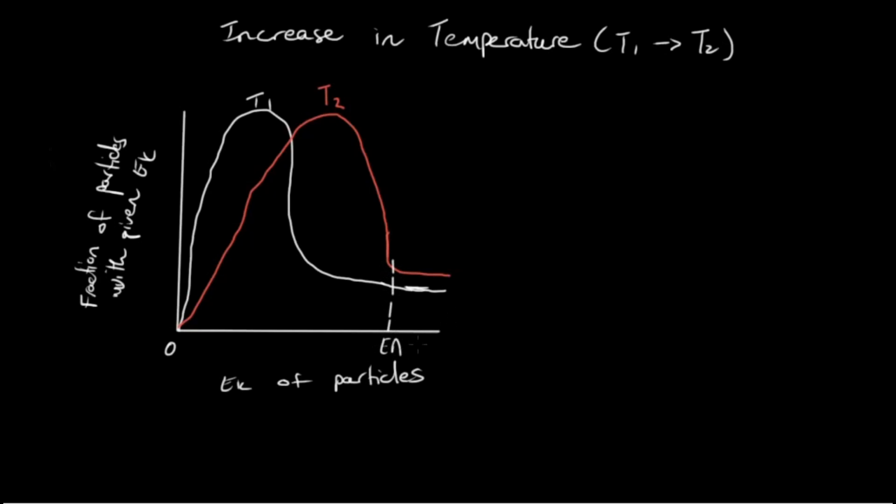That's your EA. This is normally shaded in. We can definitely see here that T2 is greater than T1. What happened is that the peak is wider and to the right because more particles have a higher kinetic energy. So we see that more particles here have a higher EK due to an increase in temperature.